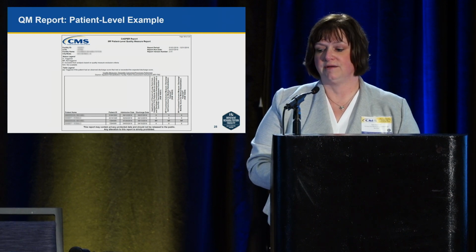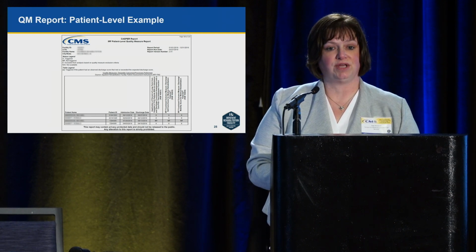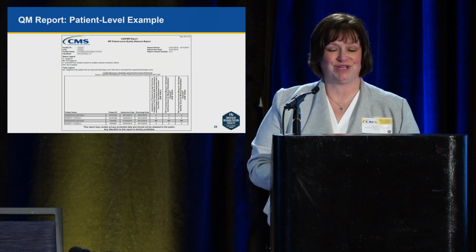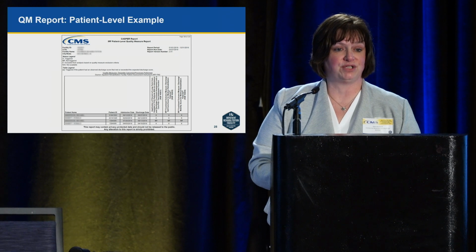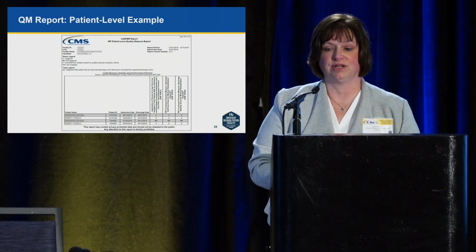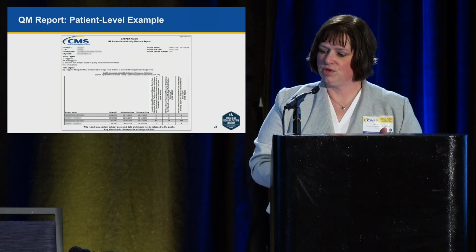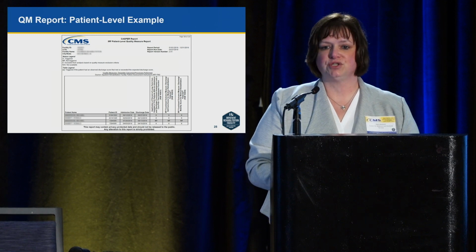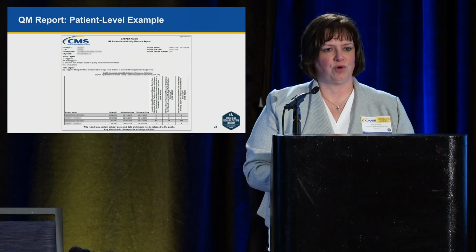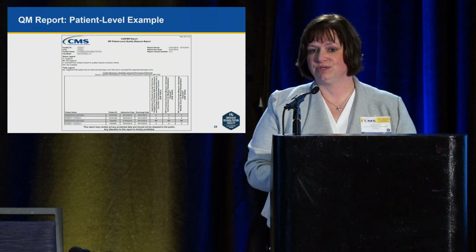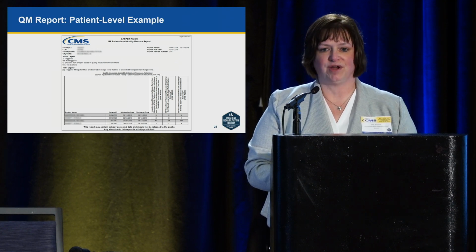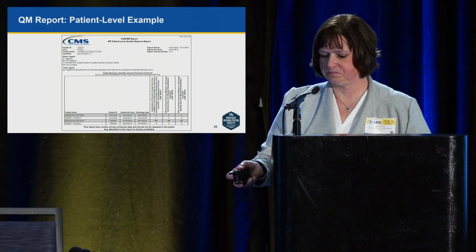If the NT displayed for the falls with major injury measure, that would be a good thing because your patient didn't have a fall with major injury during the reporting period. So you sort of have to pay attention to the type of measures that are being reported and read your table legend and interpret the results based upon the type of measure that's being shown.